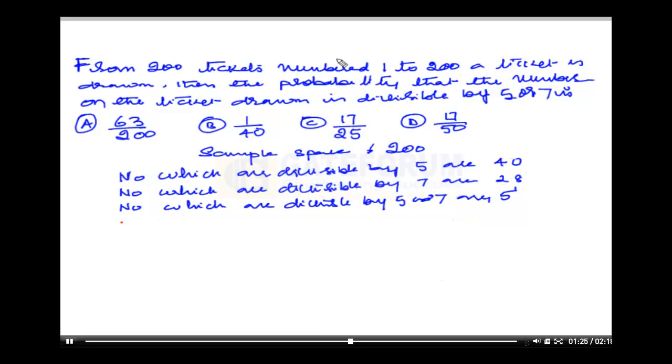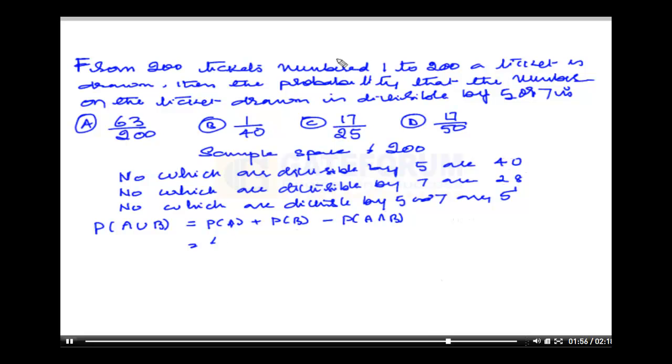Using set theory, I can write P(A union B), where PA is the probability of getting a number divisible by 5 and PB is the probability of a number divisible by 7. Then P(A intersection B) gives the probability that the number is divisible by both.